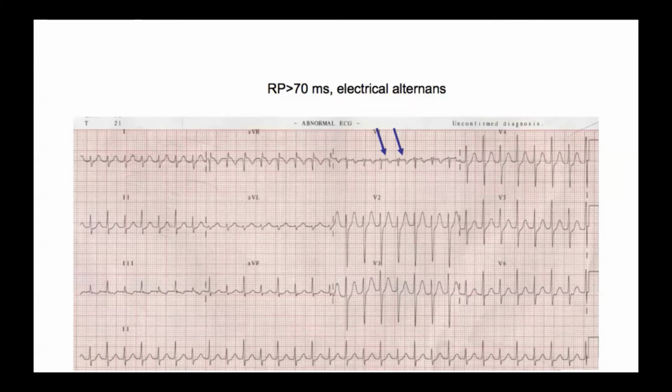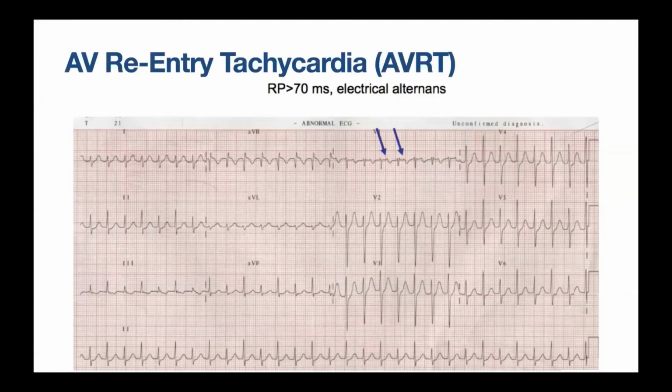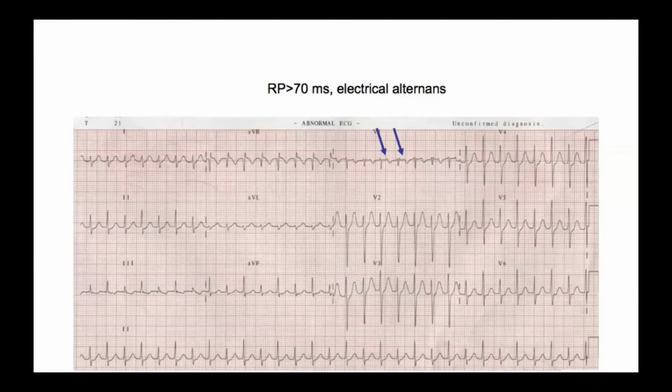Try to have a closer look in V1. These blue arrows, what do they point toward? Try to figure out any P wave. Look here, after, and it is a pseudo R wave. Pseudo R usually comes immediately here, right?